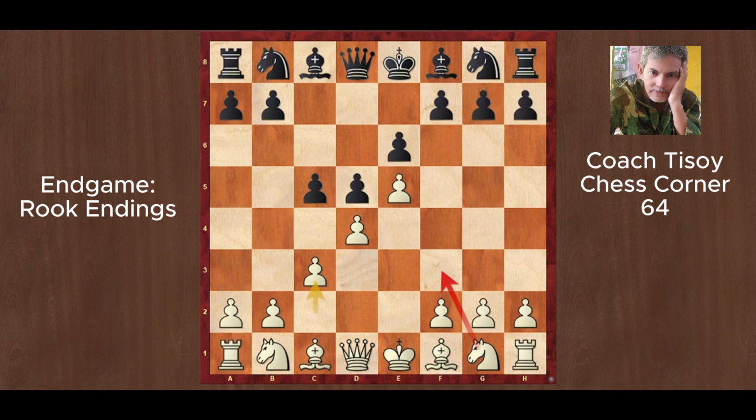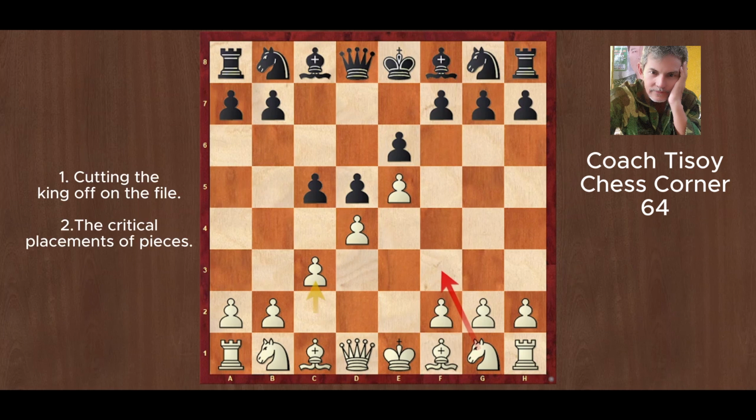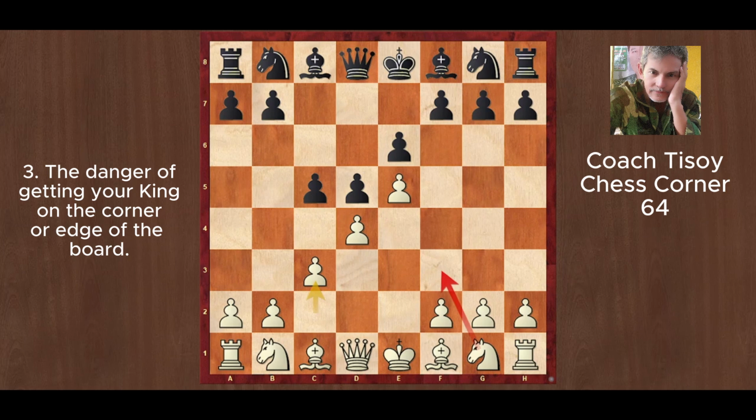Okay guys, let us summarize what we have learned today. Number 1, cutting the king off on the file. Number 2, the critical placements of pieces. Number 3, the danger of getting your king in the corner or on the edge of the board where a lot of mating tricks may happen.